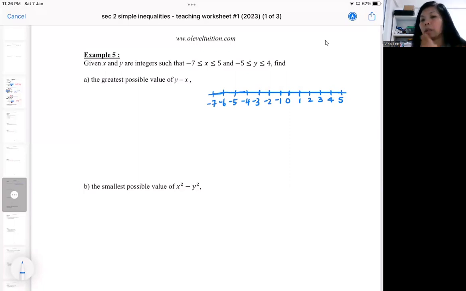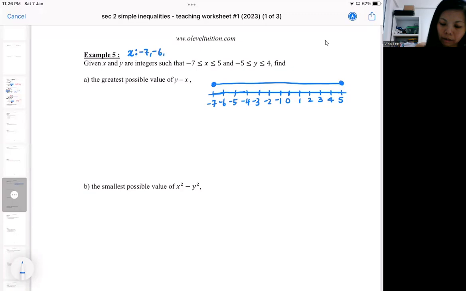So when they give you an inequality like this, you need to display everything here. So in a way, x can be -7, -6, -5, -4. So these are all the possible integers.